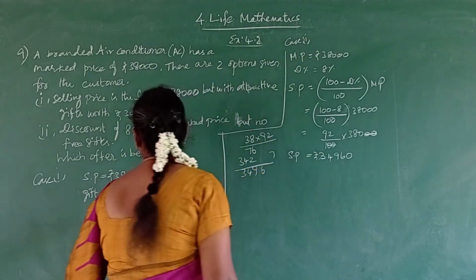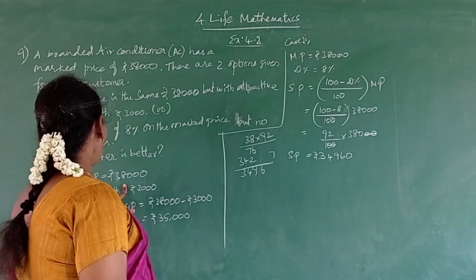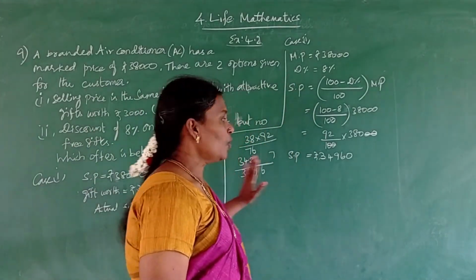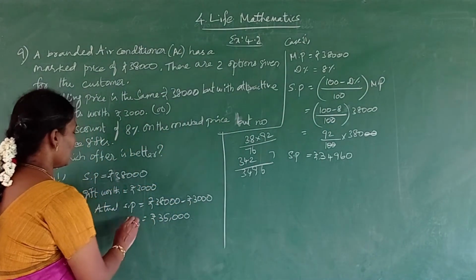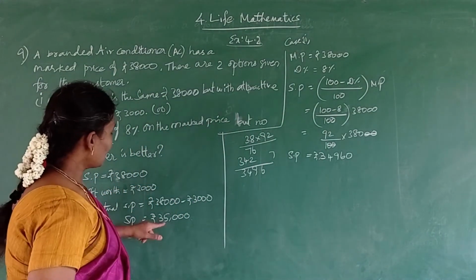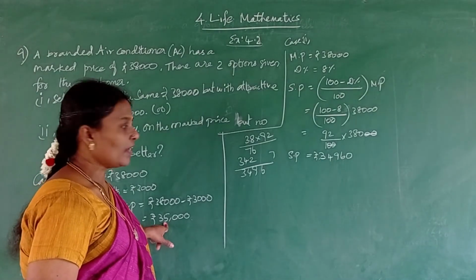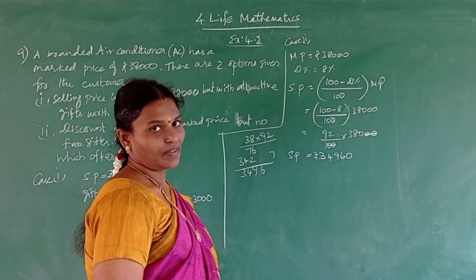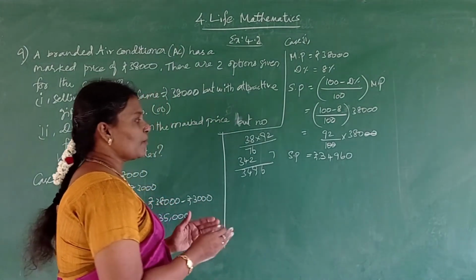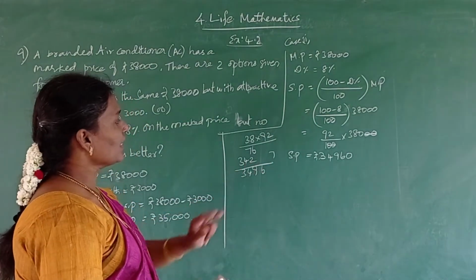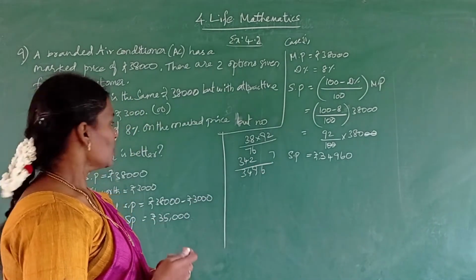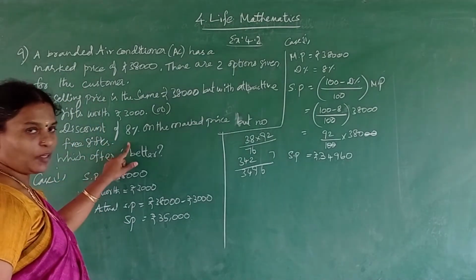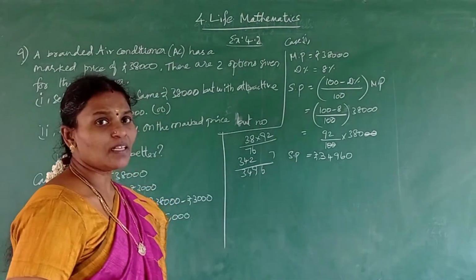That means the first offer we applied for case 1, the second offer for case 2. So firstly compare the selling prices. Here the selling price is 35,000. Here the selling price is 34,960. Which selling price is less? The second selling price is less. So the customer chooses the second option because the selling price there becomes less.